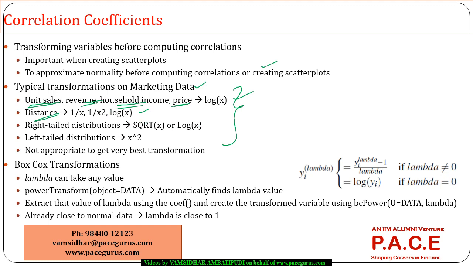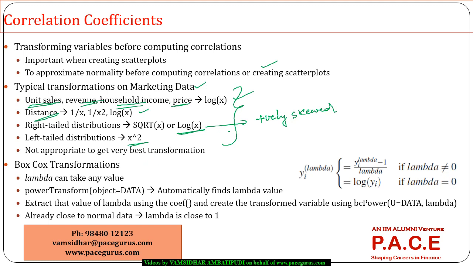The more and more the distribution is having a right tail, meaning positively skewed kind of data, better apply the square root transformation or a logarithmic transformation. But if it is more and more negatively skewed kind of data, better apply a squared transform. Of course, these are all approximate kind of transformations, nothing to be exact.